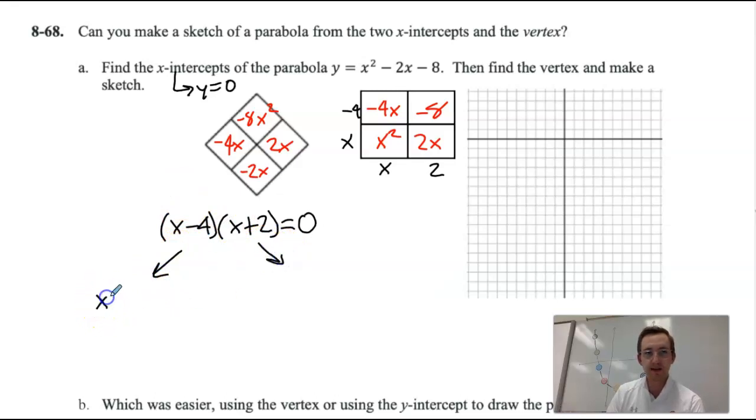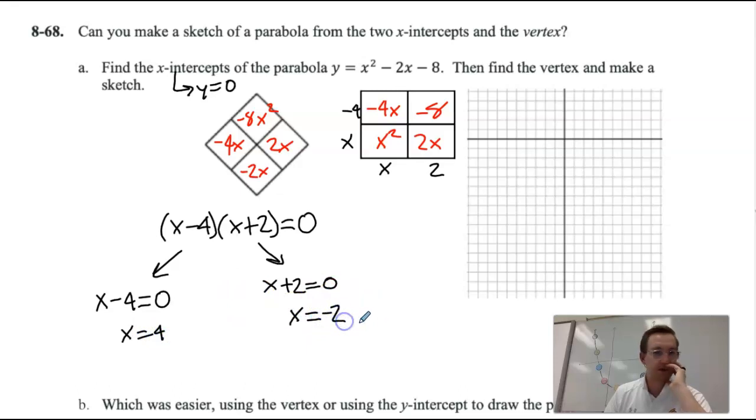So x minus 4 equals 0, and then we have x plus 2 equals 0. Now we can solve for x. So x is equal to 4 on the left, x is equal to -2 on the right-hand side, and these are our 2 x-intercepts, again, at 4, 0, and at -2, 0.